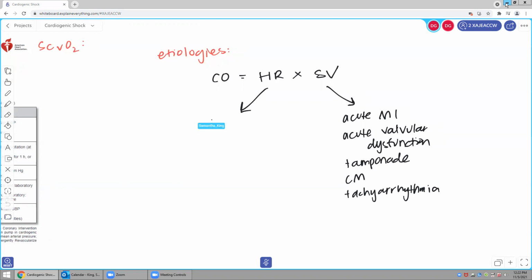Yeah, meds, in particular like beta blocker, calcium channel blocker. What else? Yeah.